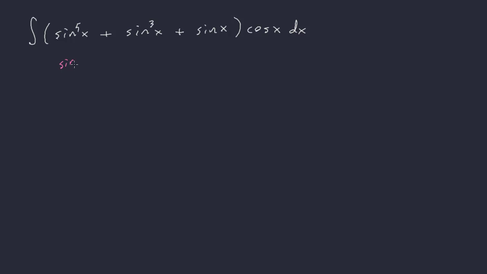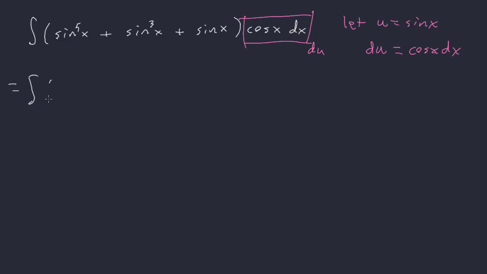We have the sine of x to the 5th, sine of x cubed, and sine of x, in this case to the 1. So it looks like we're going to want u to be sine of x. And when we do that, if u is sine of x, du is cosine of x dx. And that's exactly what we have right here. So this will just become our du.